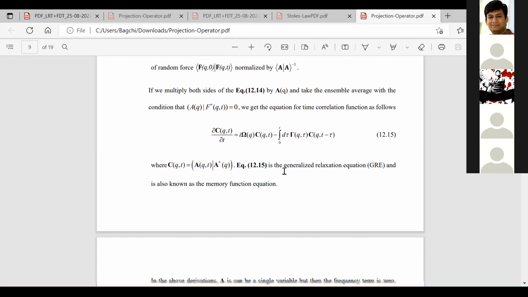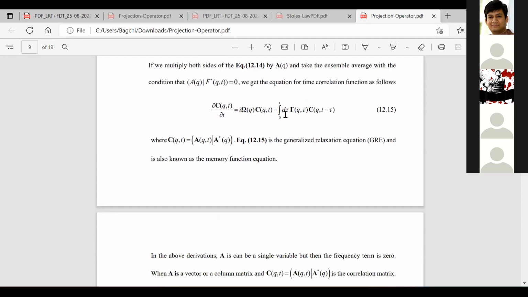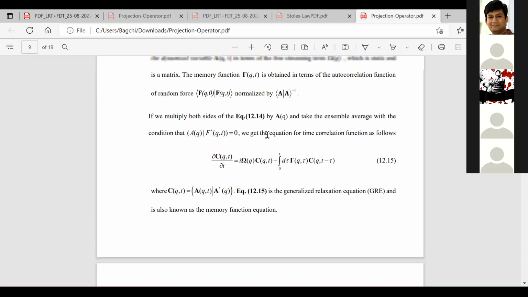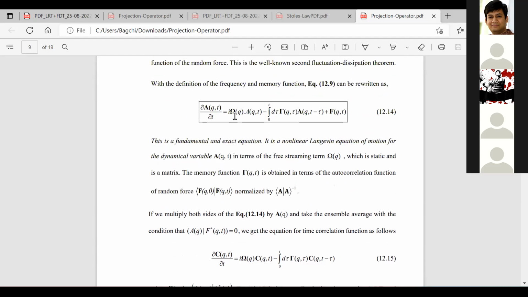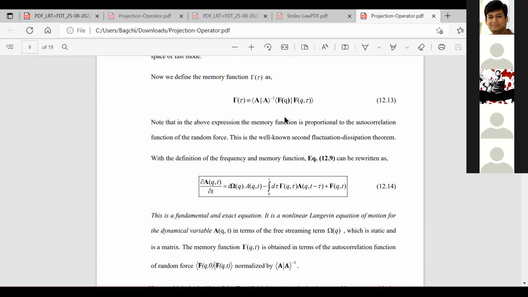I don't want to put you off, but this equation is the starting point of all analytical studies of statistical mechanics. This is called the relaxation equation. Right now, let me comment that this quantity i omega Q can be calculated easily.